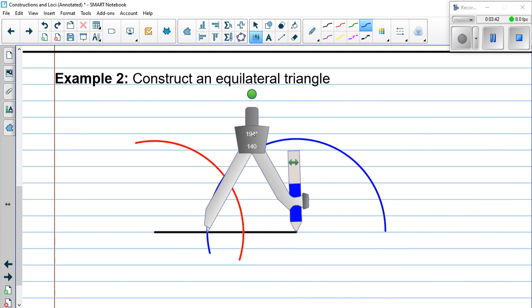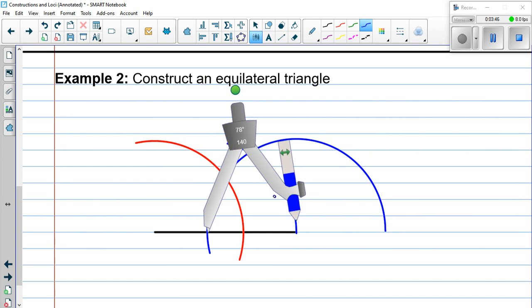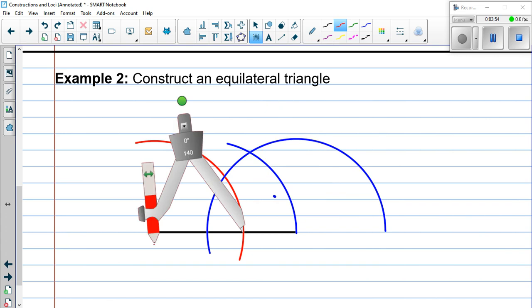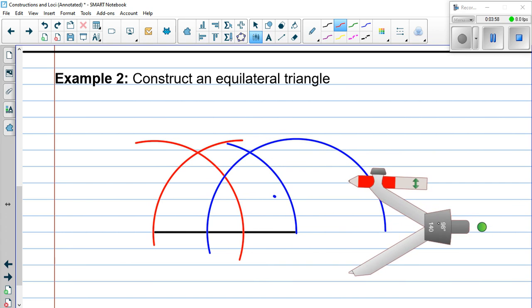Here, we want to find where our blue and blue are going to intersect. And then over here, I'm going to do the same for my red. Okay? Let's connect our lines and see what we get.